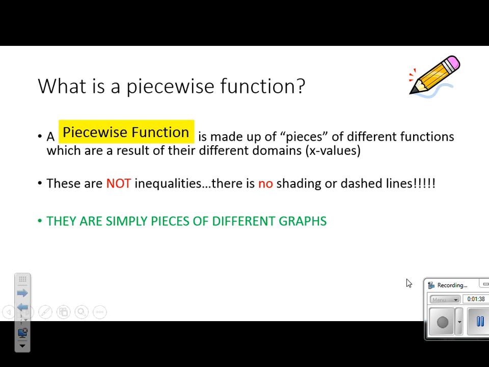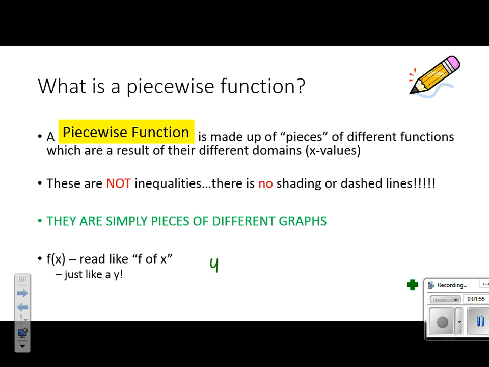Okay? One thing that you'll see today is you will also see an f of x. That means a function. It's read like this, f of x. Now, it's basically just a y.